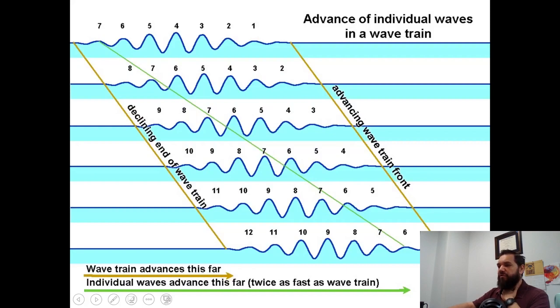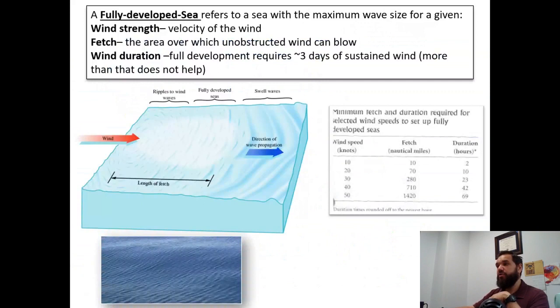So individual waves are actually moving twice as fast as the wave train because half of the energy is going to creating that new wave. Okay, so individual waves move faster than the wave train itself. So the swell, the actual wave train, is going to be propagating at only half the speed of the individual waves.